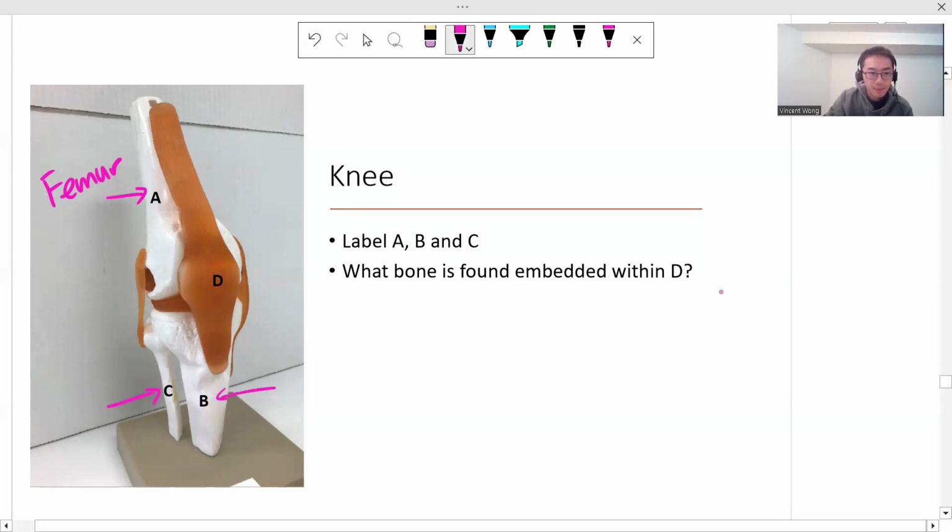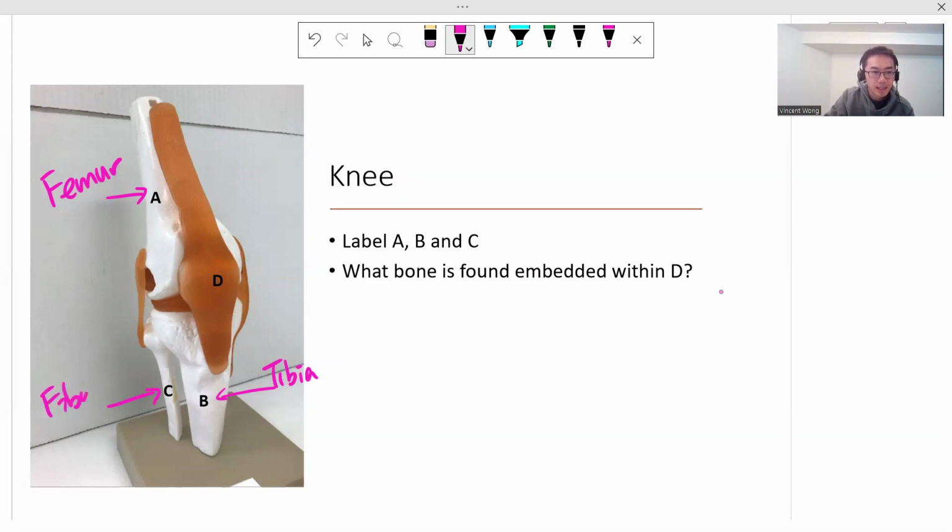B is the tibia and C is the fibula, and then D would be the patella. Yes. So B is the tibia and C the fibula. And D is the patella, which you can see here is actually within the ligament.